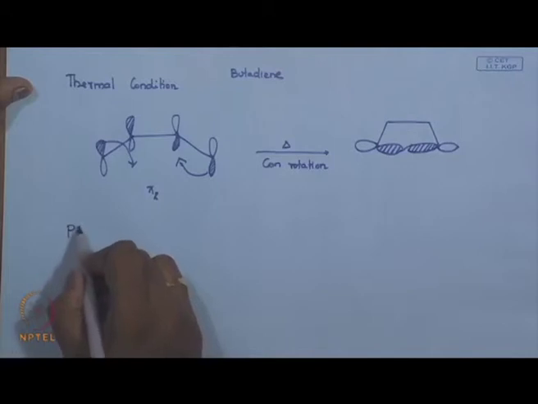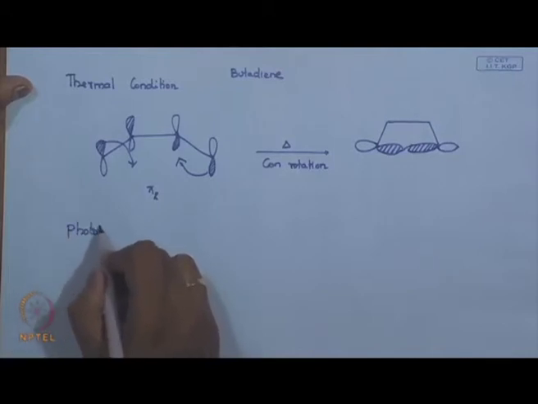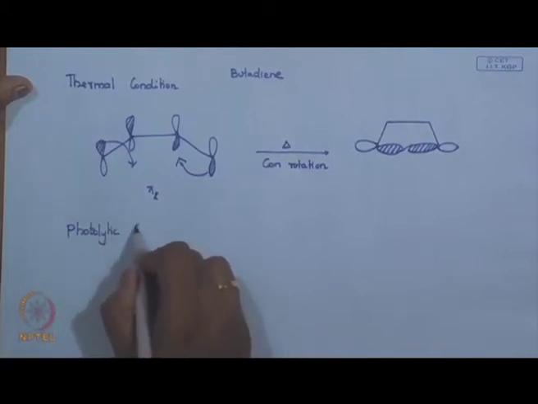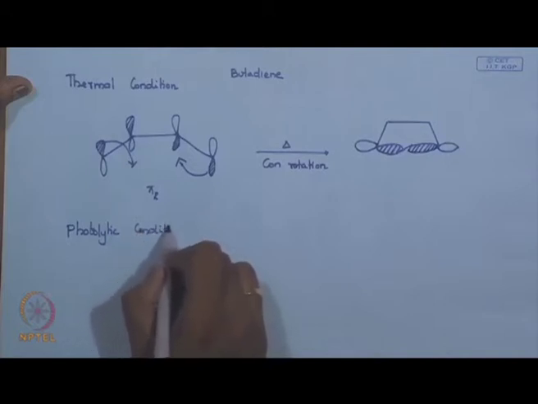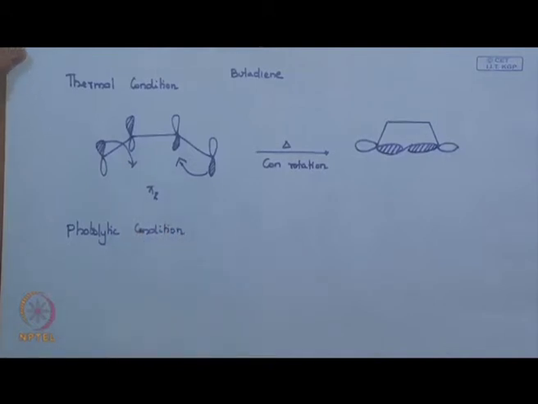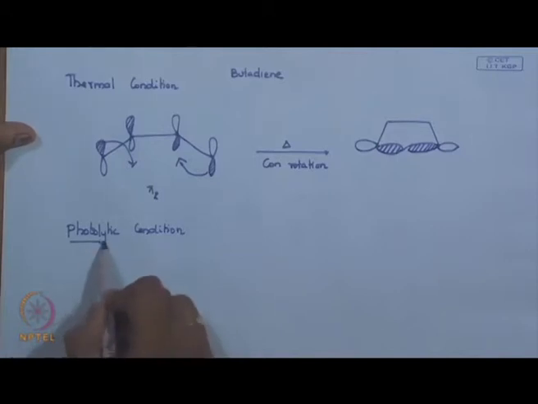Okay. Now we will see photolytic condition. If that is photolytic, you take the reaction and shine it with the appropriate wavelength of light, fine. So we will see what happens in photolytic condition. So if I say photolytic condition, what molecular orbital of your butadiene should you think of? Yes, pi 3, very good. Pi 3, that is your LUMO, lowest unoccupied molecular orbital.